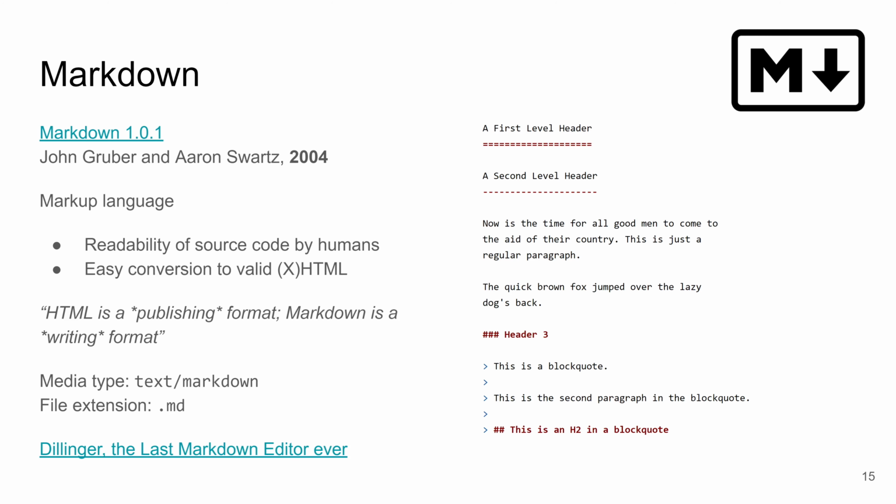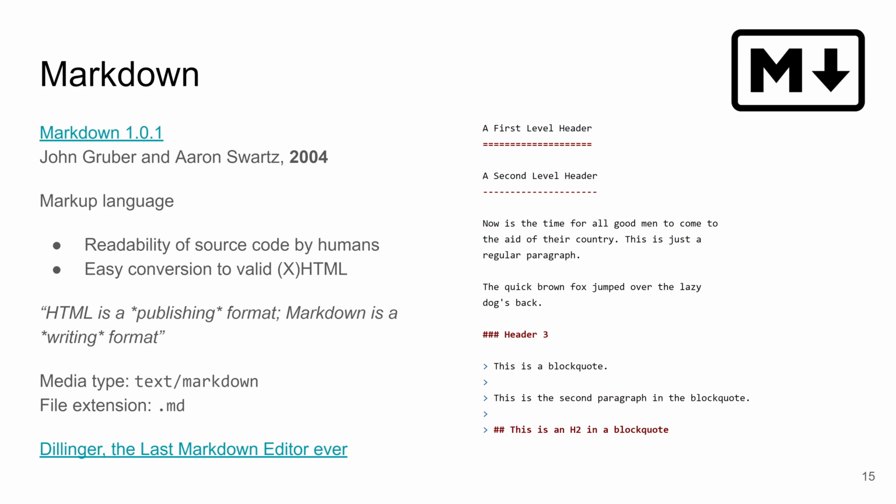Basically, Markdown is a specification of this markup language and a way of converting this into XHTML, which then gets rendered by web browsers as usual. This actually is the distinction between Markdown and HTML. Markdown is called a writing format. So it is a format for actually writing by hand of the text, manual writing.